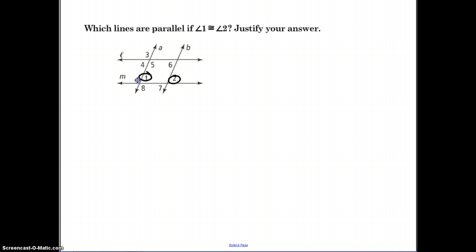Well, the line that both angles are on is right here, which is line M. So line M is my transversal, which means that the other two lines that make angle 1 and angle 2, line A and line B, are my parallel lines. Line A is parallel to line B.